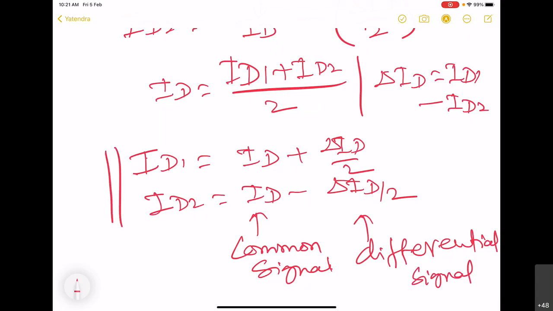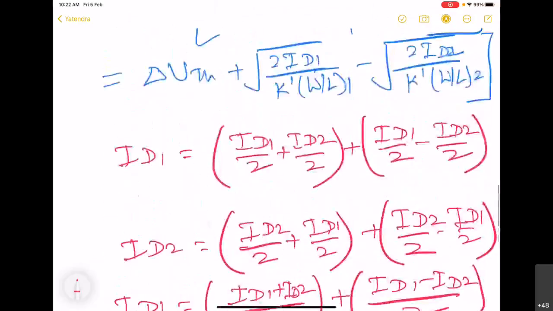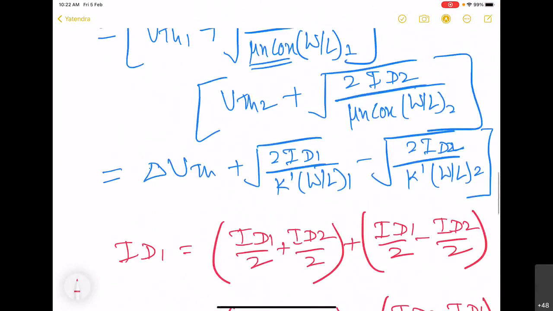So this way of representing two quantities is also called common mode signal representation plus differential mode signal representation. So we are going to substitute all the drain currents, all the resistors, all the W by L ratio using this notation in this equation 2 that we obtained.